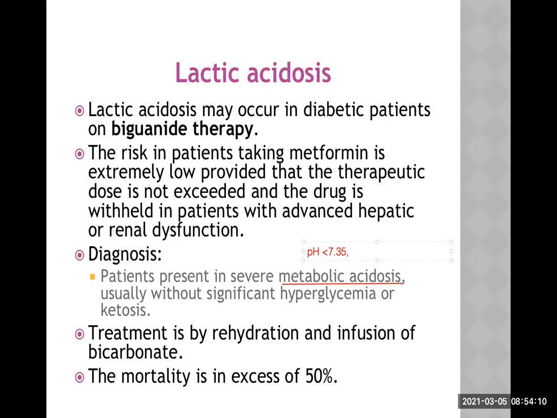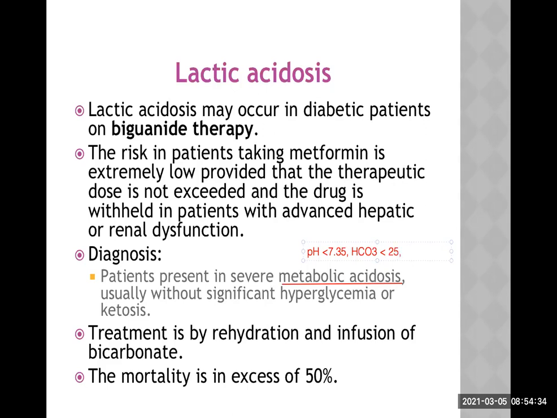Second one, the serum bicarbonate level. Okay, serum bicarbonate level. This bicarbonate is very low. The range of bicarbonate is around 25 milliequivalent per liter, so somewhat it is less than 25.